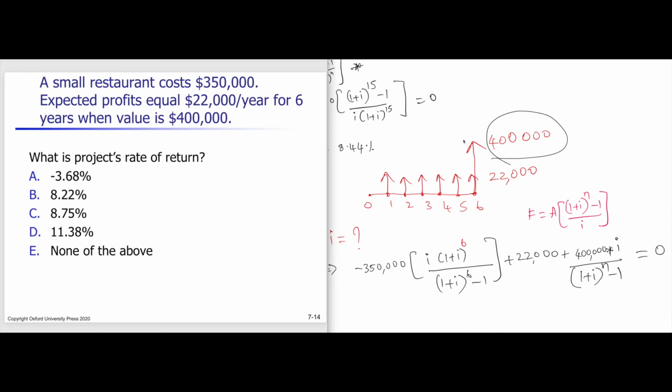So because last problem I didn't solve using my calculator, you take your calculator, plug in this equation into the calculator, calculate what is I. I know it's a long equation, but let's do it together. I'm doing it on my end. 351,000 times I times 1 plus x to the power 6.